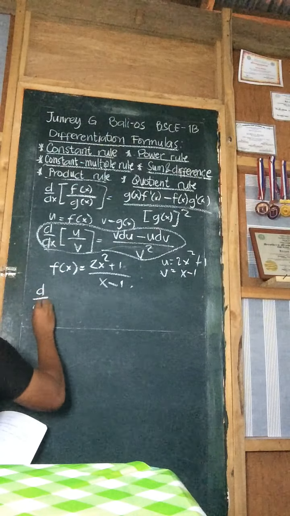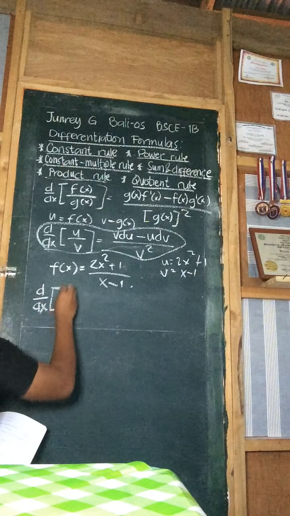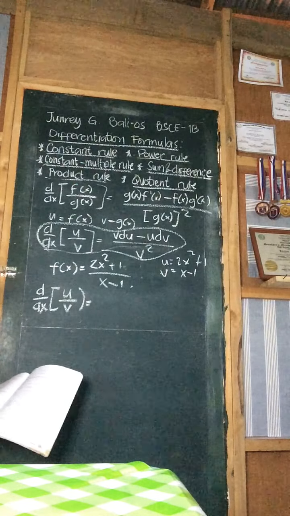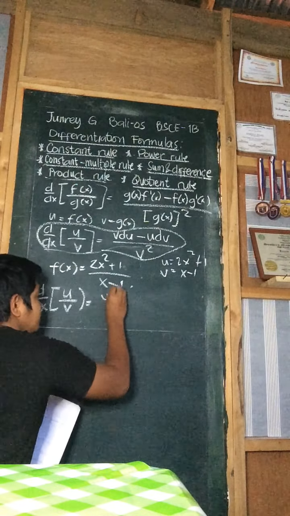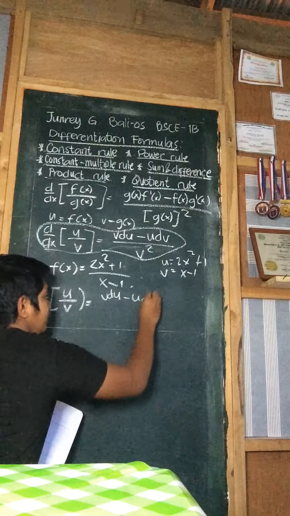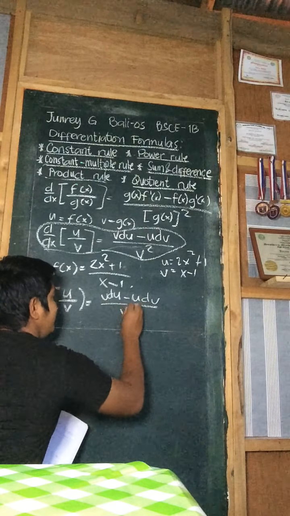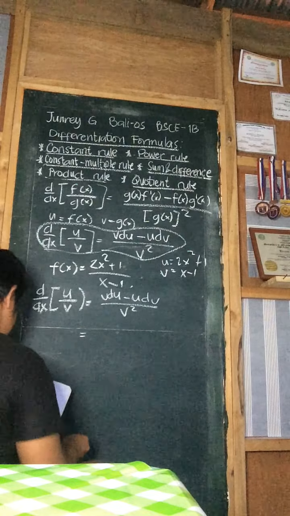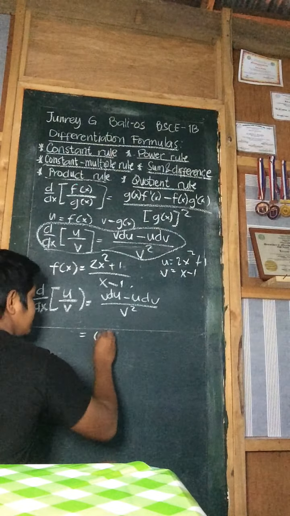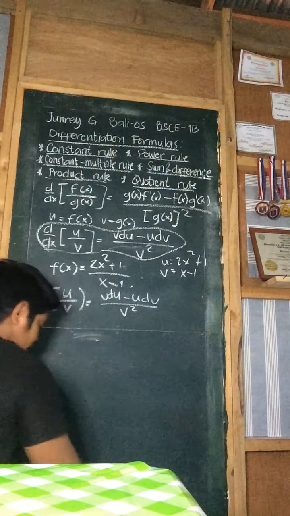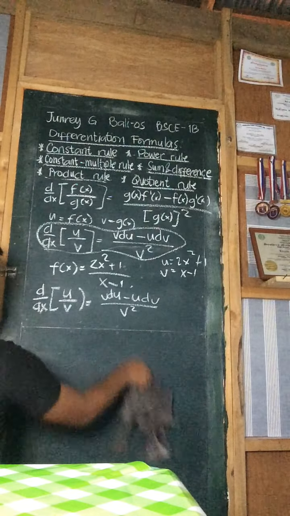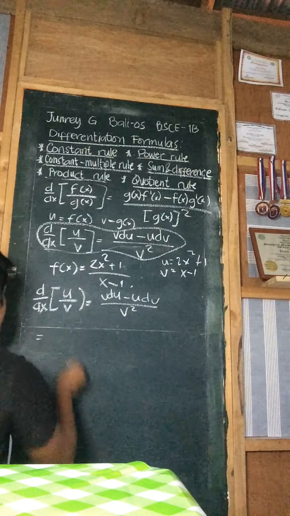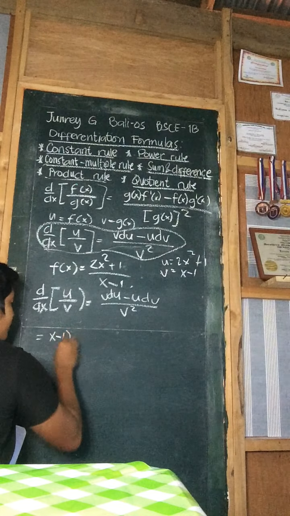So d over dx, or the derivative of u divided by v, is equal to v du minus u dv divided by v squared. So v here is x minus 1.